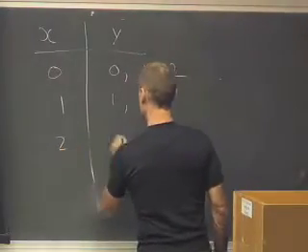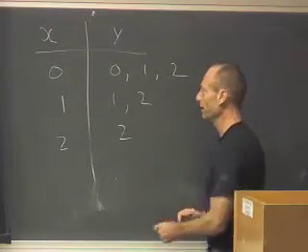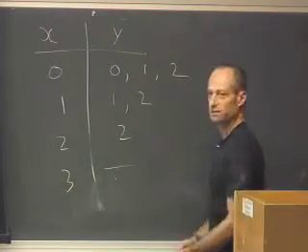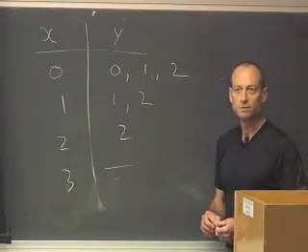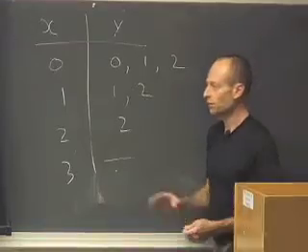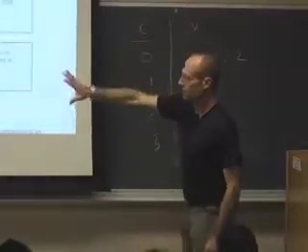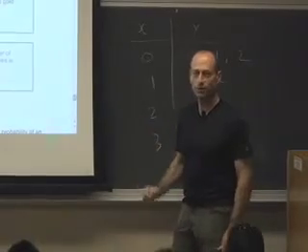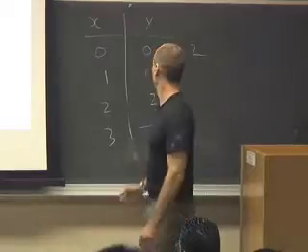If x is 2, y can only be 2, or else x is not less than or equal to y. And if x is 3, y can't be bigger. Yep? So these are the outcomes that correspond to the event that x is less than or equal to y. So far, so good? Okay.